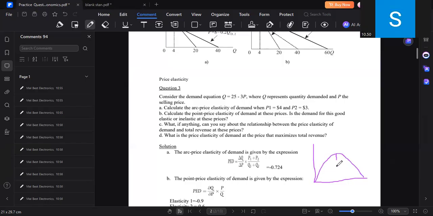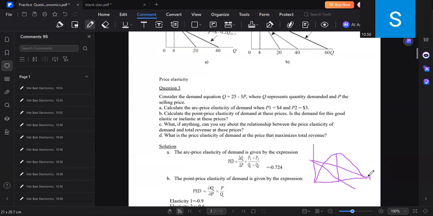The maximum point here is the total revenue.